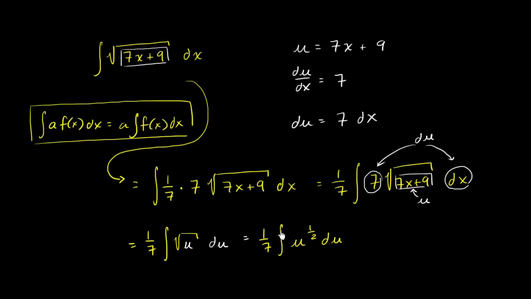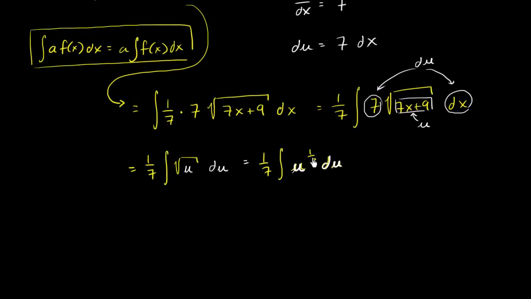And let me just make it clear, this u I could have written in white if I wanted the same color, and this du is the same du right over here. So what is the antiderivative of u to the 1/2 power? Well, we increment u's power by 1.